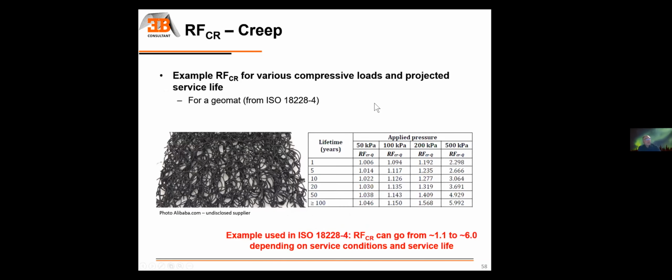Some values are published in ISO 18228-4, and you can see here for that kind of product, geomat, the values which are proposed go from 1 to 6. So that means depending on the test condition, applied pressure, and lifetime, you're going to have tremendously different reduction factor for the product. You see here under 500 kPa, you go from 220, 230 up to 6. So that's a huge difference.